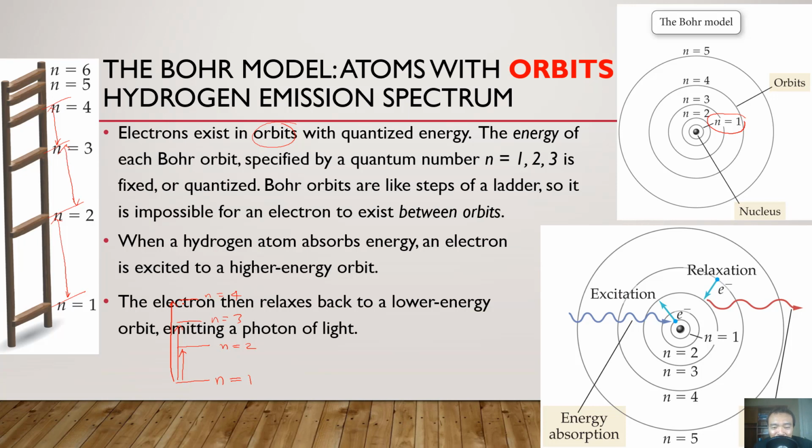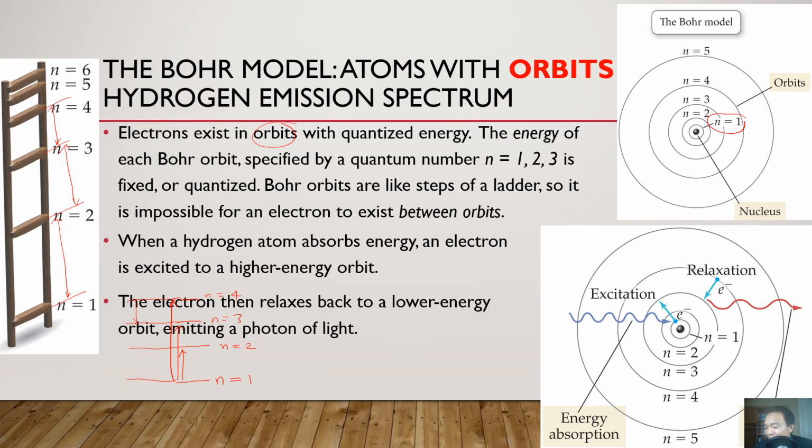But remember, higher energy orbits have more energy, and those states are so-called excited states. They are less stable, so the electrons would like to release the extra energy they have absorbed. So for example, if you started with n equals 4, now you have way more energy than the ground state.